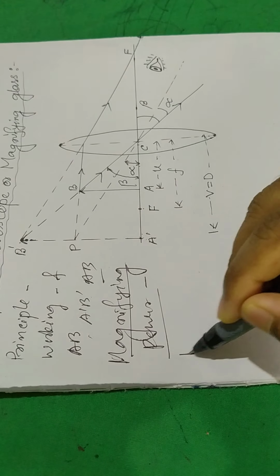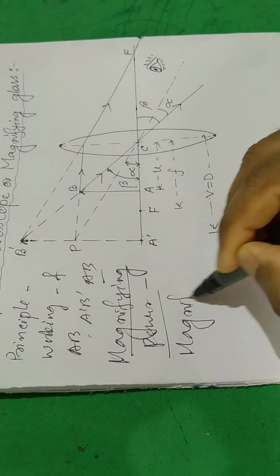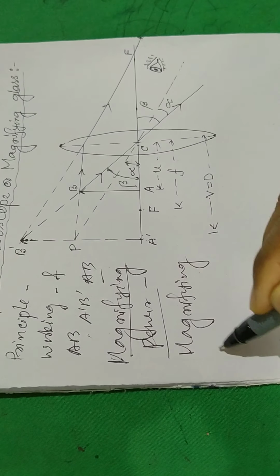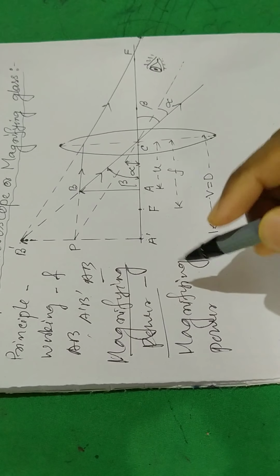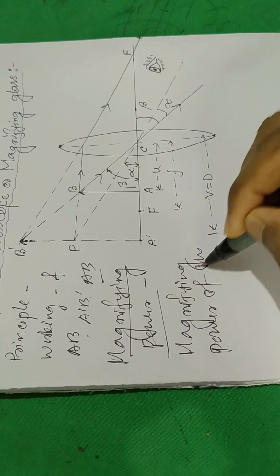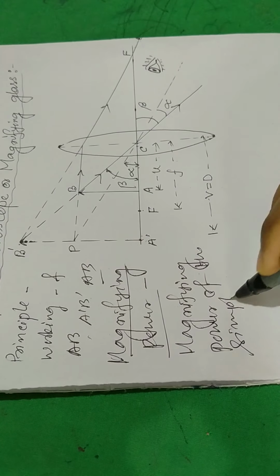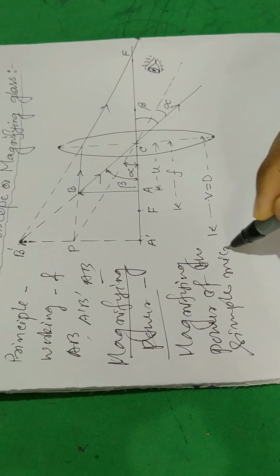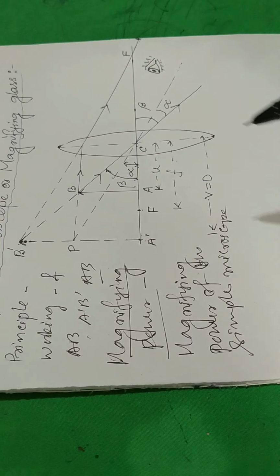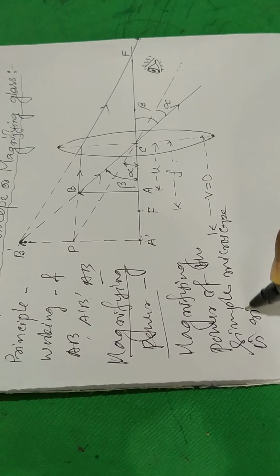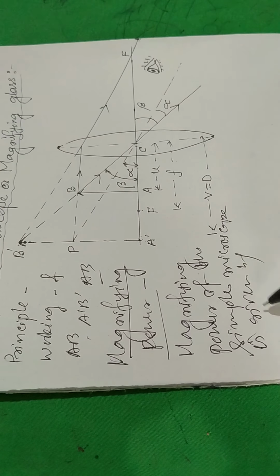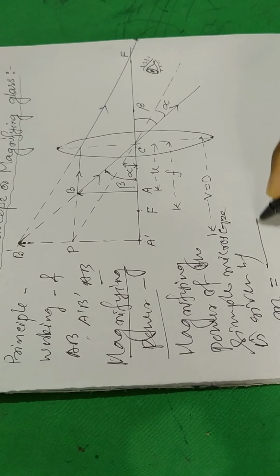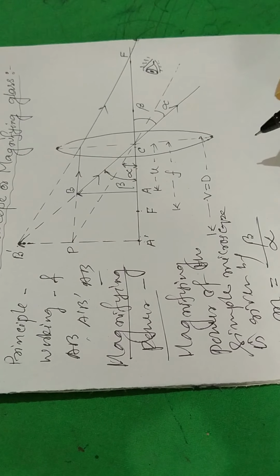So the magnifying power of the simple microscope is given by M equal to beta by alpha.